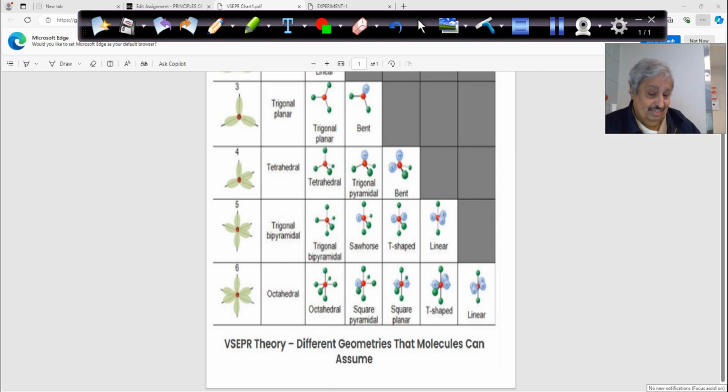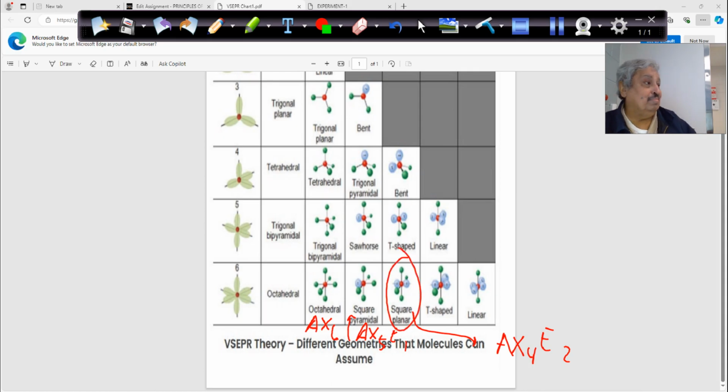Those are the 6 here: E, A central atom, and X. This one here is AX5E1. This one here is AX4E2. That's ours, correct? Then the molecular shape is square planar. Are you following here?